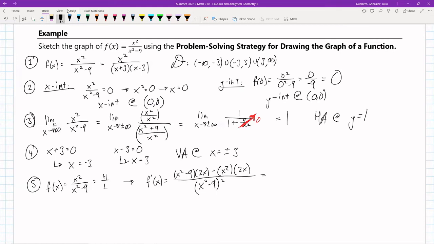So we're going to have 2x cubed minus 18x minus 2x cubed, all over the bottom, x squared minus 9 quantity squared.